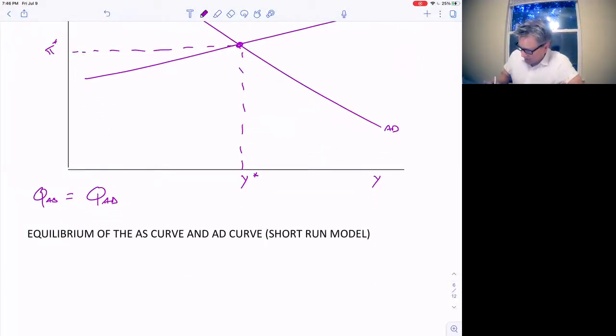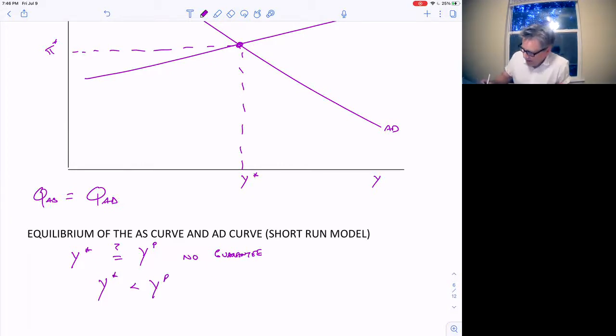So this equilibrium at Y star could be equal to potential GDP. I'll write this as Y superscript P for potential GDP. That would be the GDP where we're out on the edge of the PPF, but no guarantee here. It's possible that Y star is less than potential output.